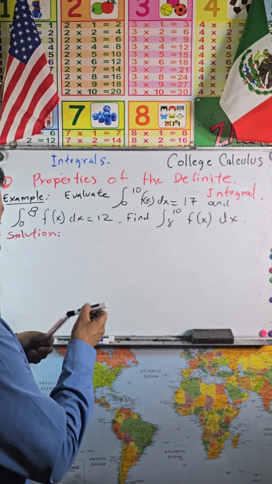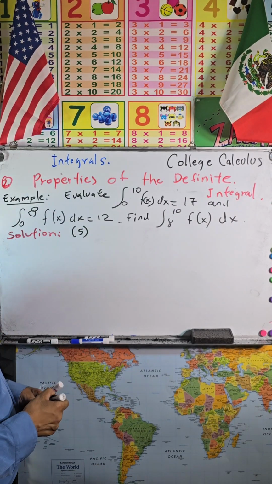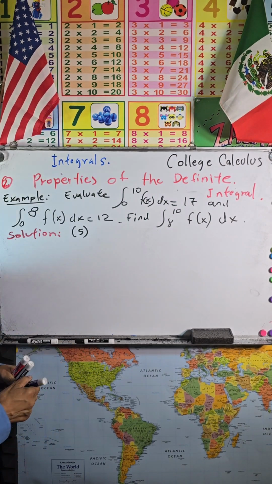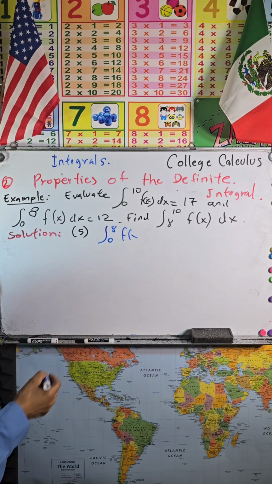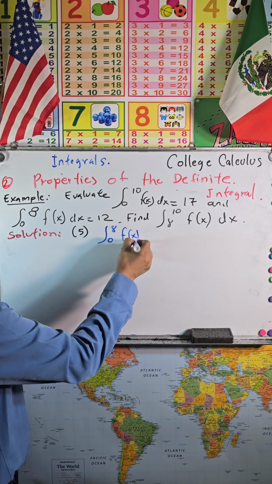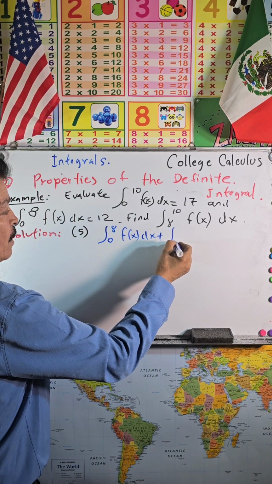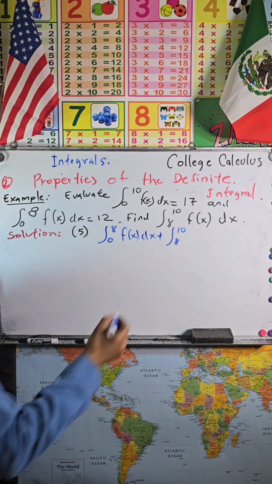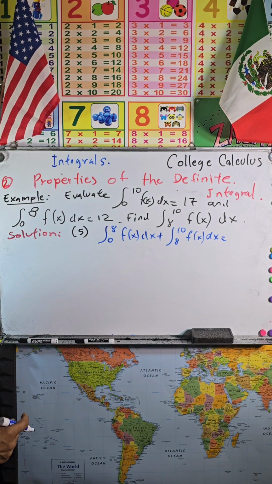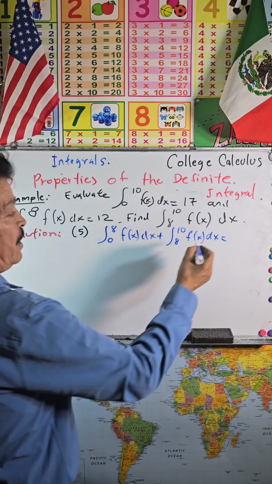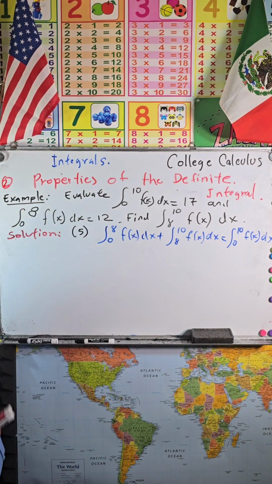If you use property 5, then we will have the integral from 0 to 8 of f of x differential of x plus the integral from 8 to 10 of f of x differential x equals the integral from 0 to 10 of f of x differential x. Okay, it's right there, complete.